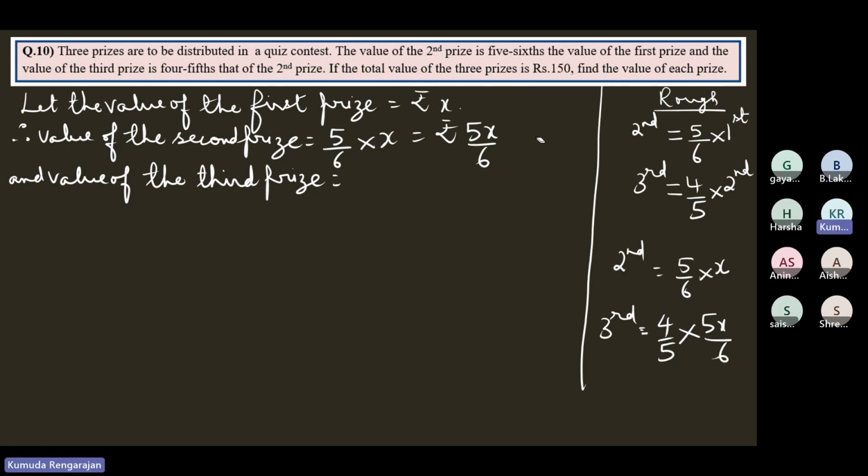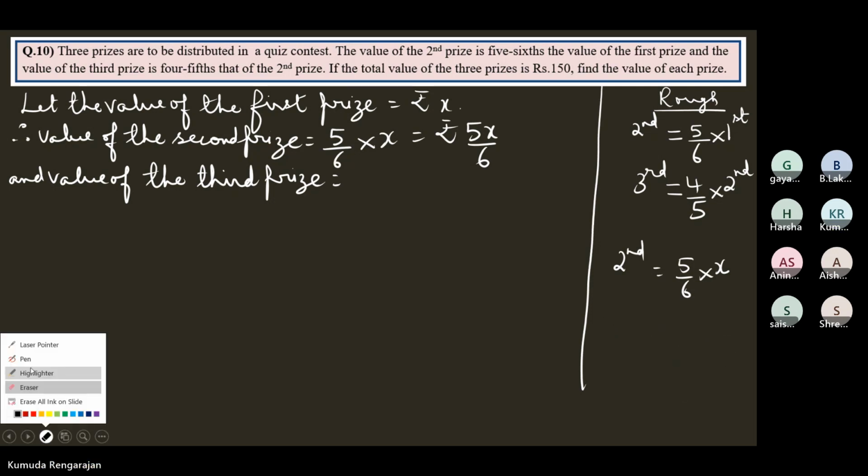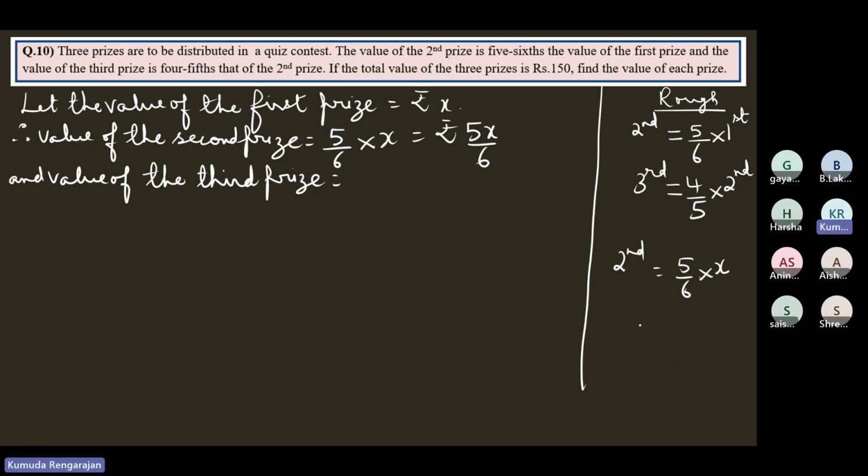So please listen. I'll just come again with that one. See here, the third prize is 4/5 of the second prize. What is the second prize? This is the second prize, 5x/6. So is equal to 4/5 into 5x/6. So you can simplify. You don't have to multiply straight away and write 20x/30.